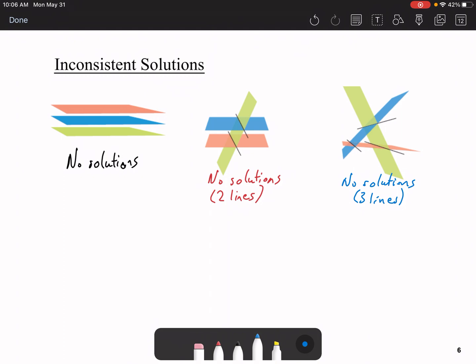Now, in our first case, you'll notice the normals do turn out to be scalar multiples of each other. So they are collinear. However, the d values do not turn out to be the same scalar multiples of each other.